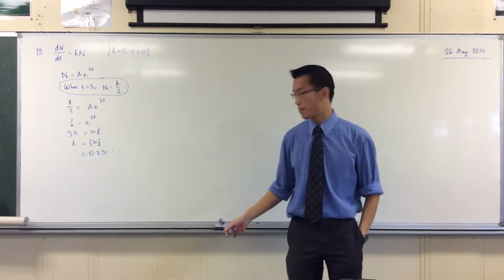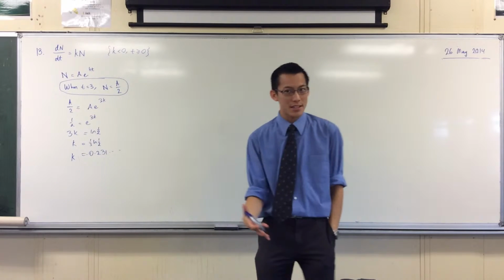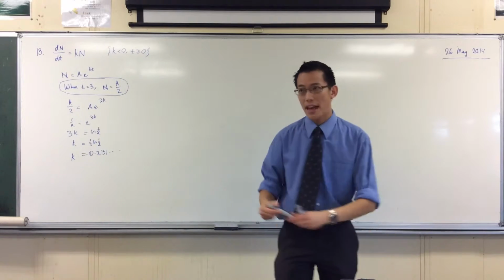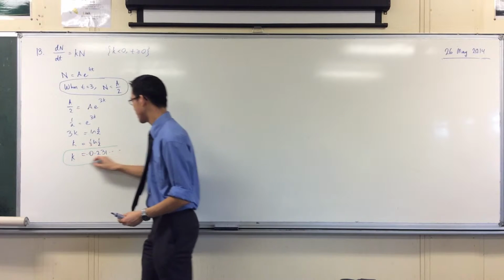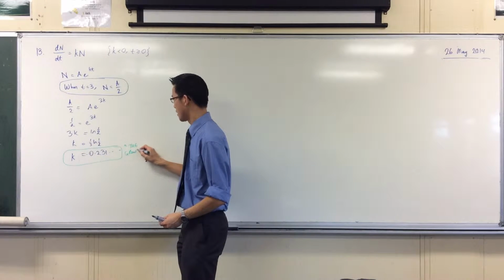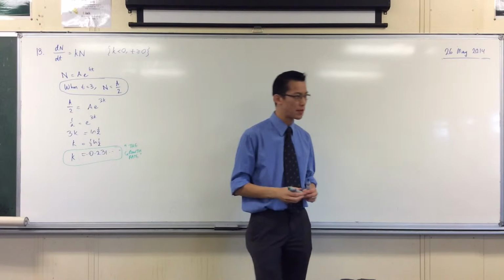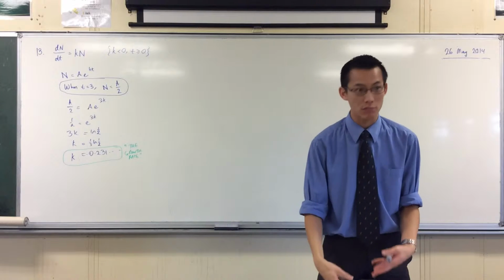Okay, now this number is important. This k is so important that they actually call this, it's confusing, they call this the growth rate. That's a bit weird, isn't it? It's weird to talk about this thing as if it has a growth rate because we know the growth rate is changing constantly.